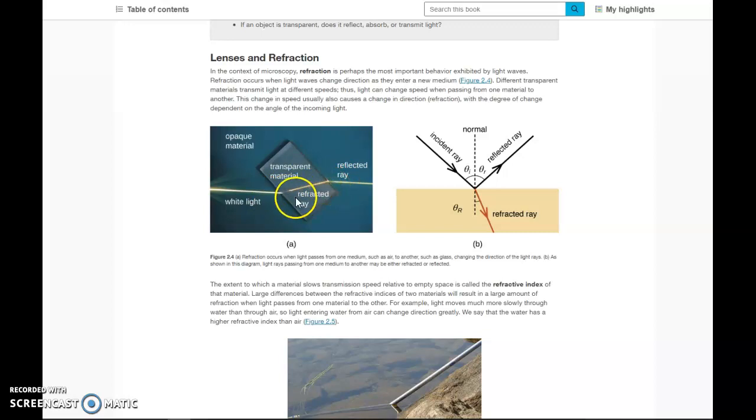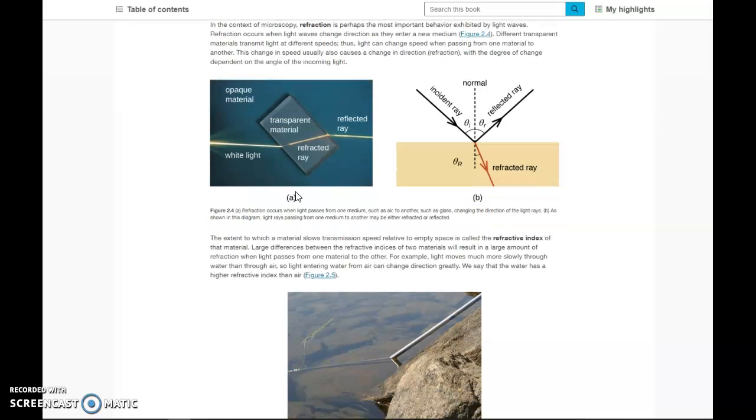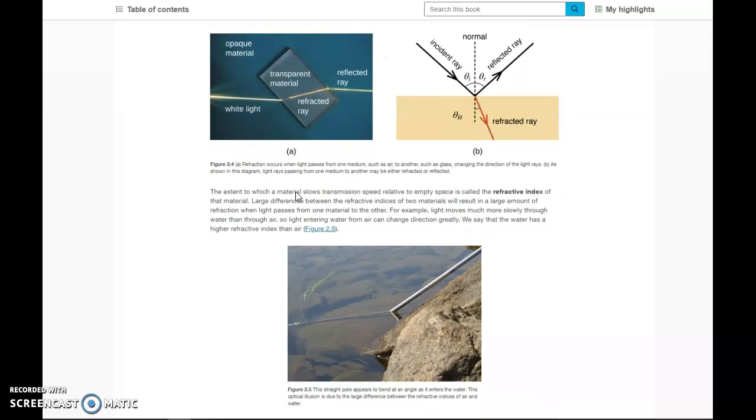Depending on what this material is, we will see different levels of refraction and different speeds of refraction. Light moves more slowly through water than it does through air. So when light enters water, it has a high refractive index compared to air.